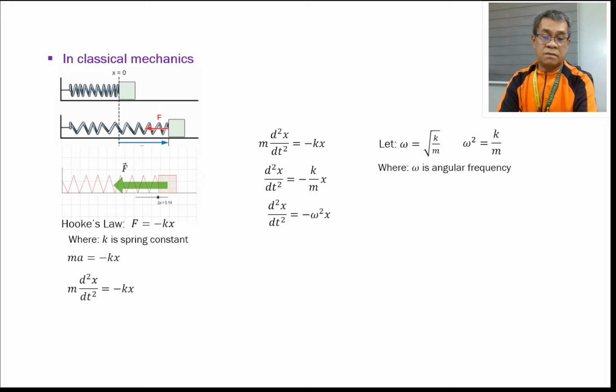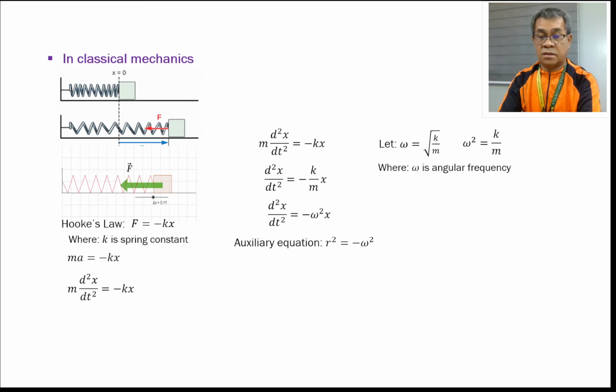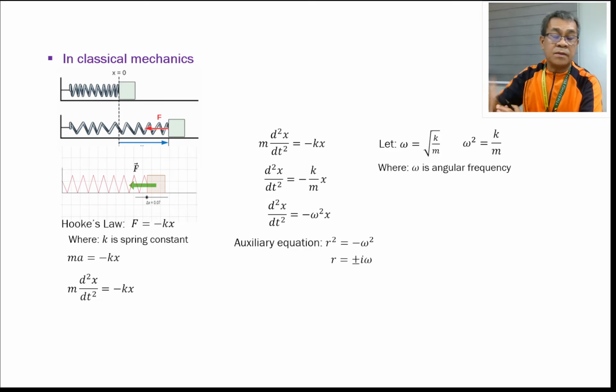So the differential equation now becomes the second order derivative of x with respect to time equal to negative omega squared x. In differential equations, we can apply the auxiliary equation because this is a homogeneous differential equation. So we let r represent the derivative, where r squared represents the second order derivative of the position with respect to time.